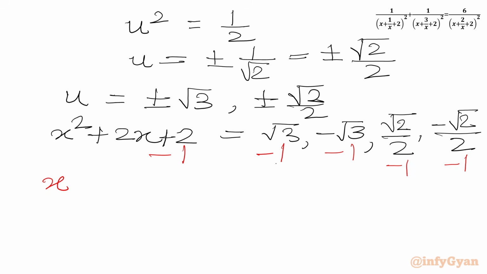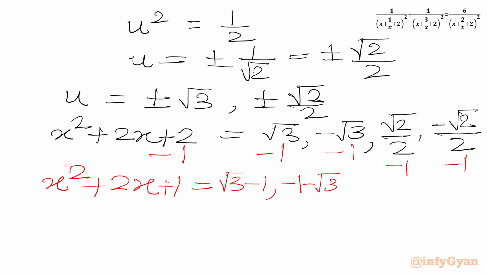Now LHS will become x square plus 2x plus 1. And in RHS, we'll write root 3 minus 1, minus root 3 minus 1, plus root 2 over 2 minus 1, minus root 2 over 2 minus 1.